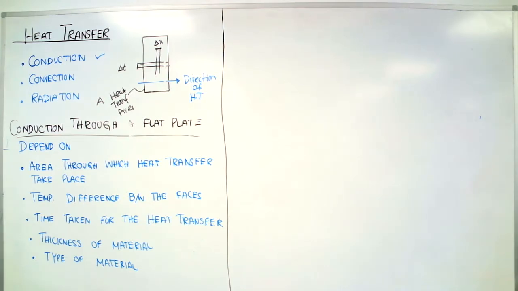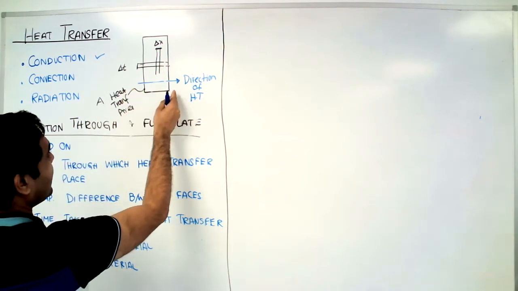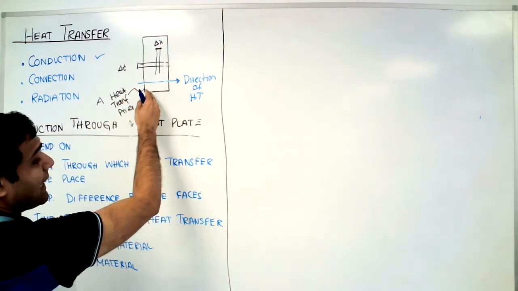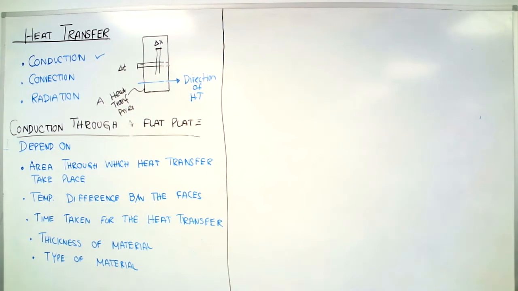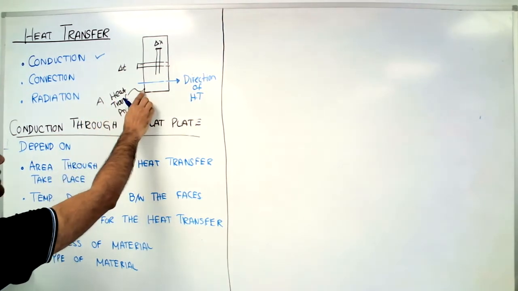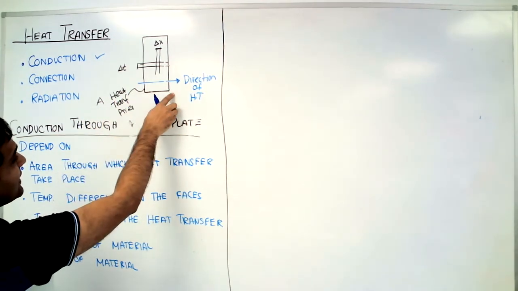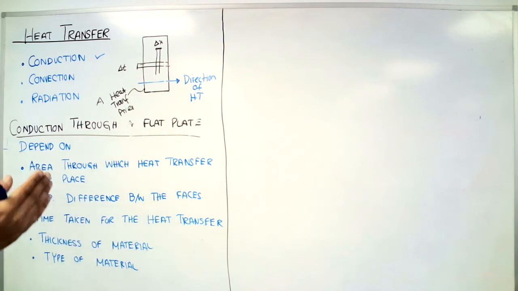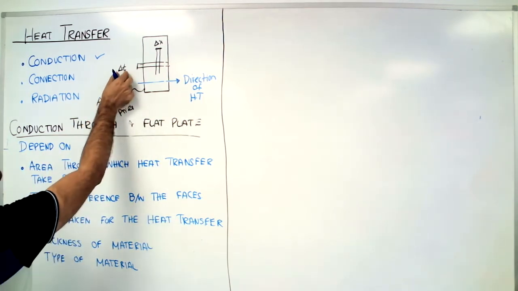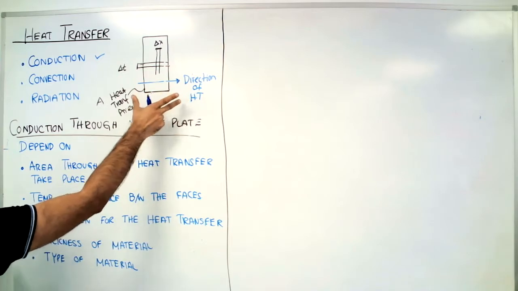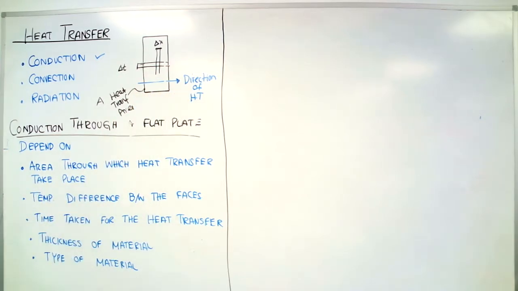If you increase the temperature difference between this and this, the heat transfer will be faster. If you decrease the temperature difference between that surface and that surface, the heat transfer will be slower.